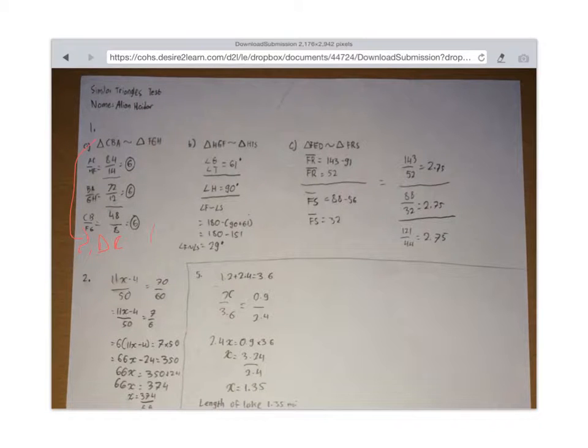And the reason is side, side, side, because you've just shown that all three sides are in equal ratio to each other. So this statement needs to come down to the bottom, and it's your therefore statement, this little symbol here with the three dots making a triangle. That means therefore. So triangle CBA is similar to triangle FGH because of side, side, side.